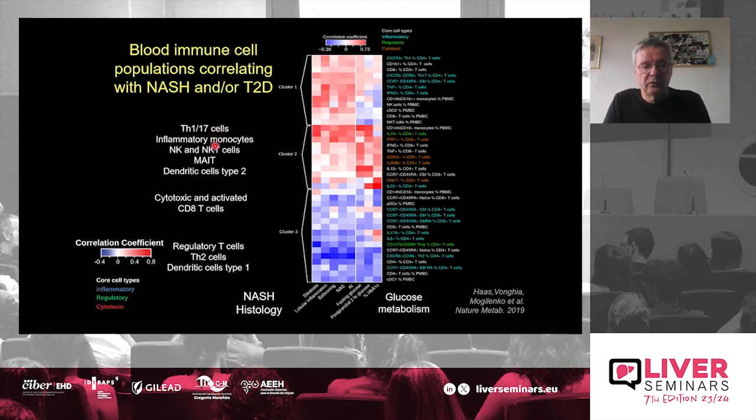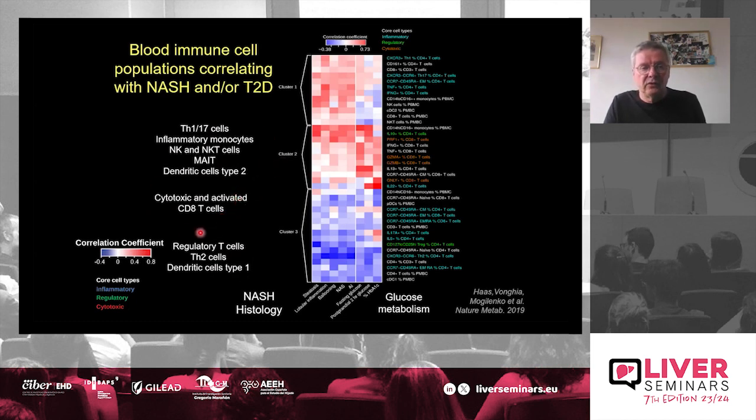We also found less expected cells to be increased, such as cDC2 cells with a decrease of the cDC1 cells and the regulatory T cells. And also very interestingly, we find an increase of cytotoxic CD8 T cells, which have also been found to play a role in the transition of NASH to hepatocellular carcinoma.